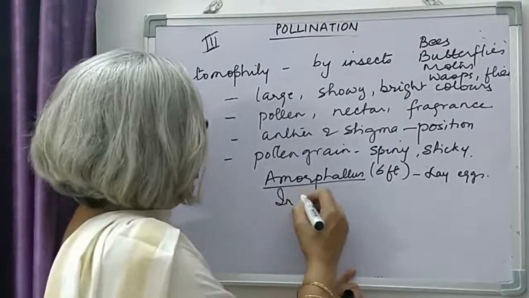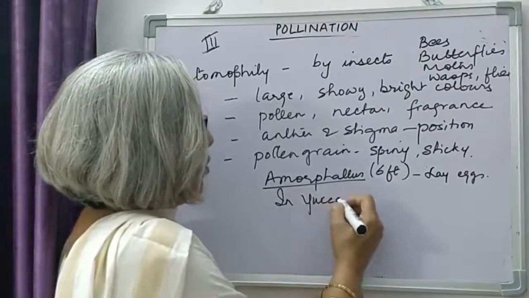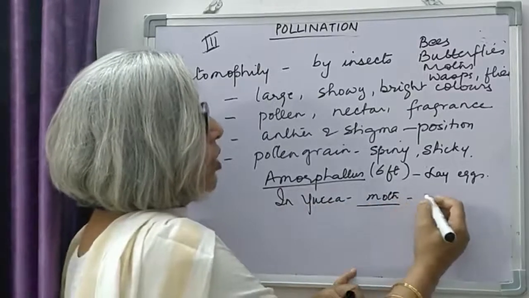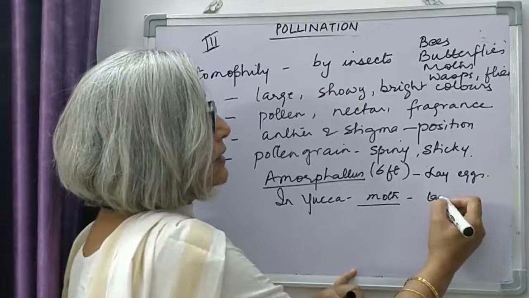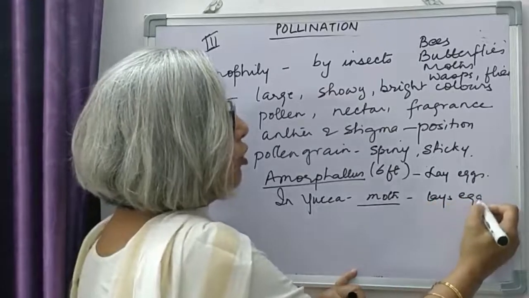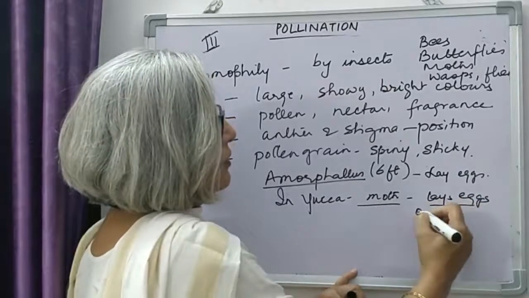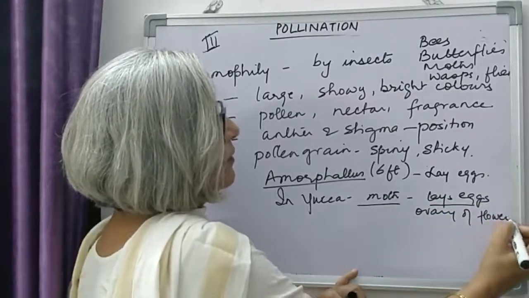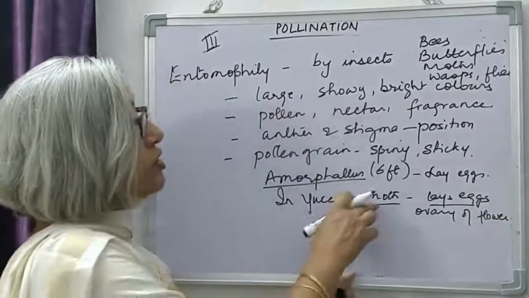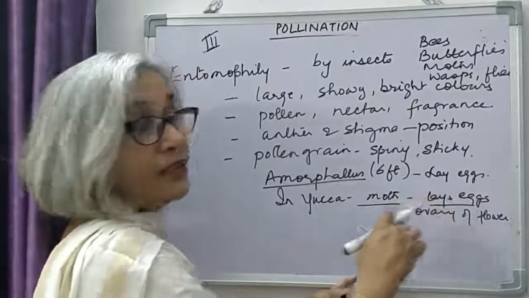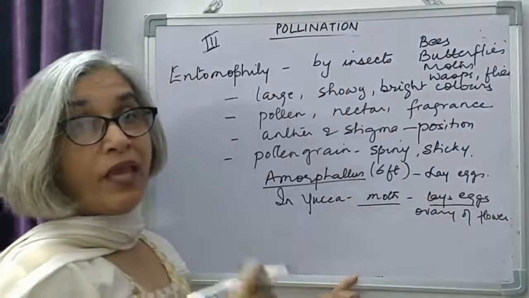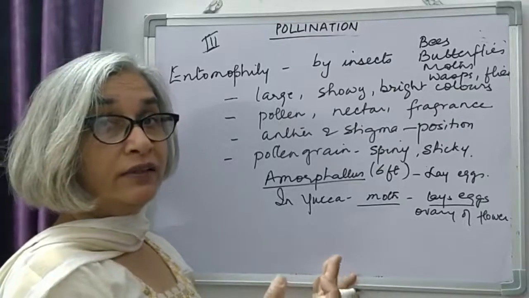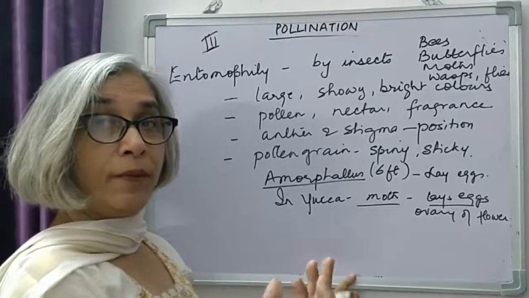Then in another flower, Yucca, which is pollinated by moth, the moth also lays eggs in the ovary of this flower. The moth is the pollinator, it lays eggs in the ovary of the flower. And when it visits the flower to lay the eggs, it carries the pollen with it.